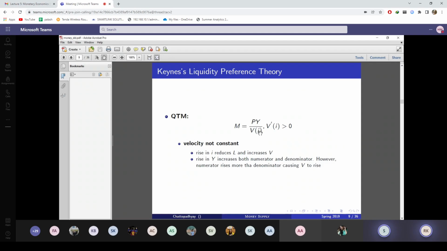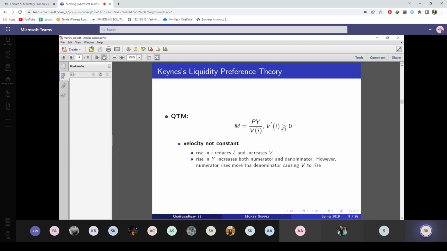And then all the money demand theories that people examined after this were basically to check where this comes from. ये V prime I positive मुझे कहाँ से मिल रहा है, और ये हम लोग एक्सप्लोर करेंगे धीरे धीरे.